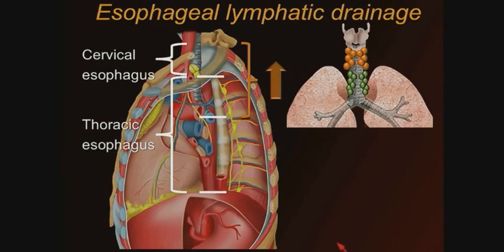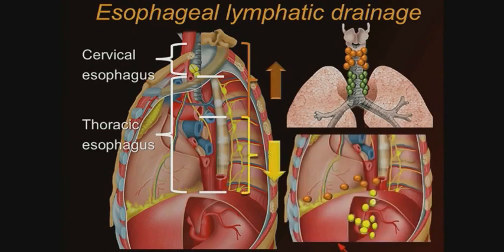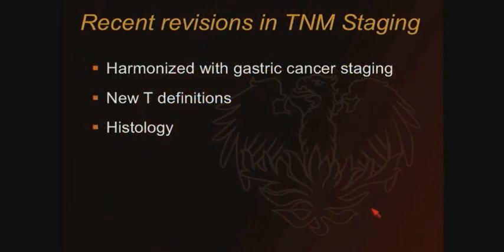So just as a general understanding, remember that the cervical esophagus and the superior third of the esophagus drain superiorly into the paratracheal nodal stations, and the two lower portions of the esophagus drain inferiorly, not only into paraesophageal lymph nodes but also paracardiac, supradiaphragmatic, and then into the abdomen.